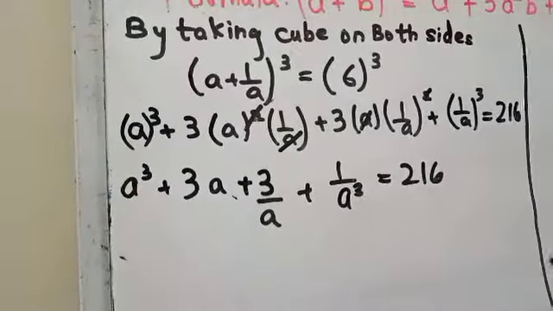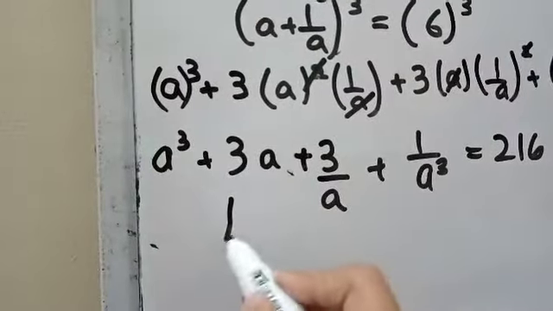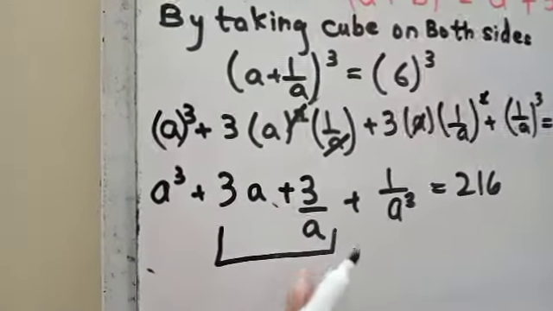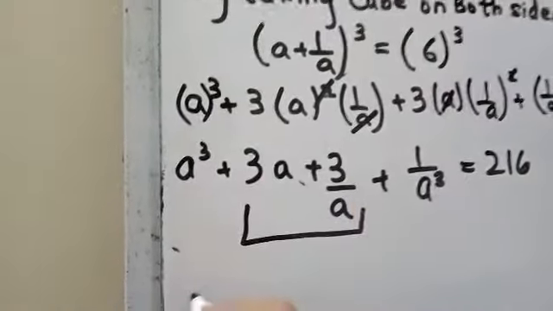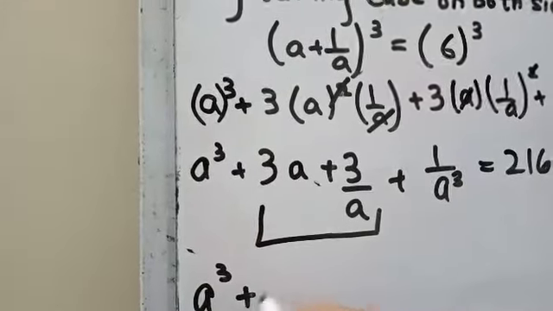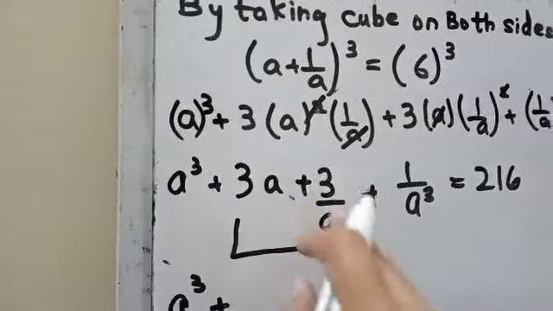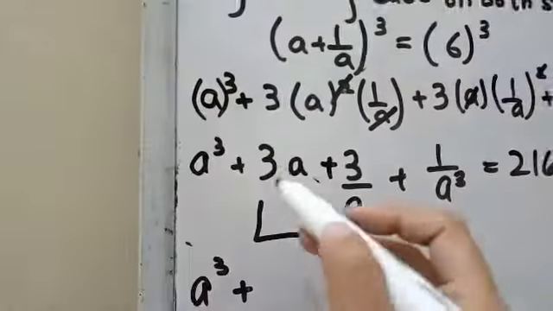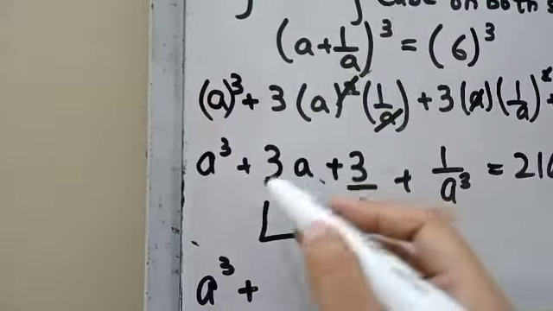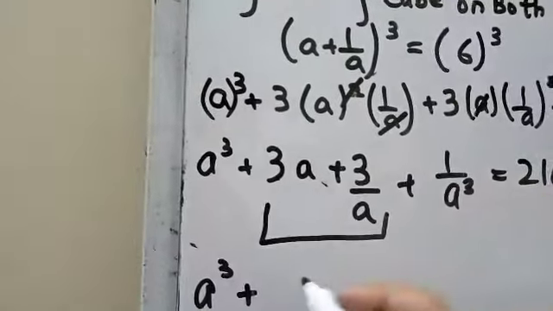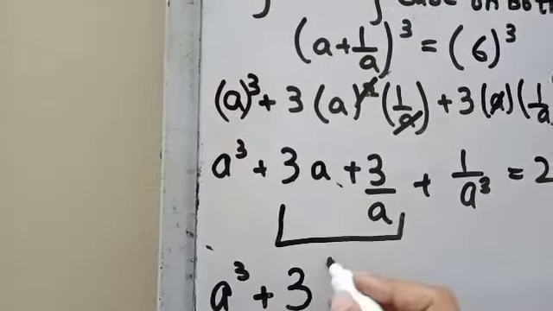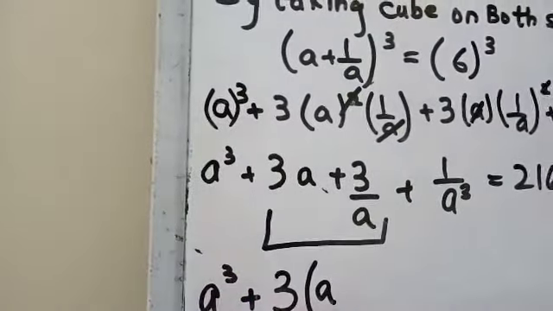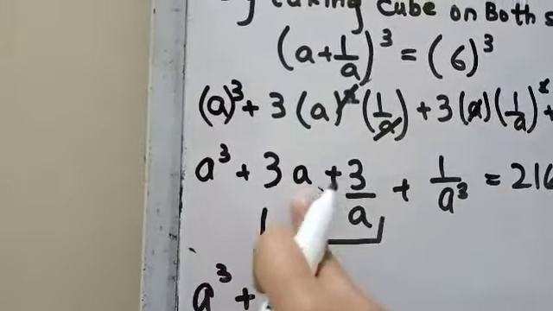I will write as it is. Now from this I will take common, from a cube plus 3a plus 3 upon a. So how to take a common, what I will do, I can see 3 is given over here as well, 3 is given over here as well. So I will take 3 as a common. A is left over here because 3 I have taken outside the bracket, so only a is left in this term.